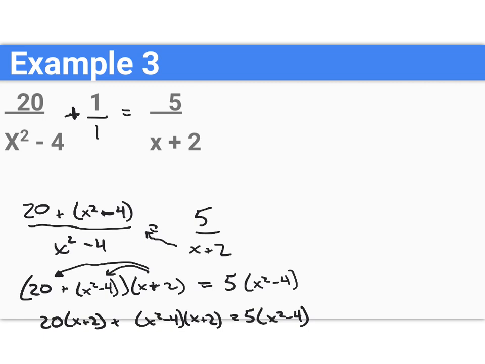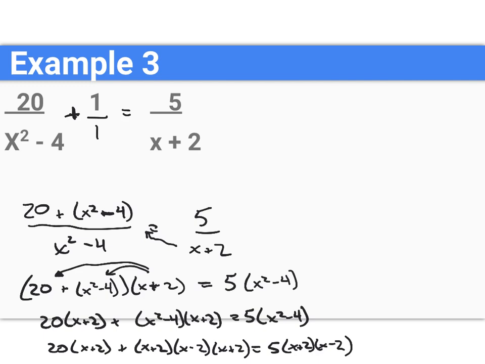So let's leave this as 20 times x plus 2 plus x plus 2 times x minus 2 times x plus 2 equals 5 times x plus 2 times x minus 2.